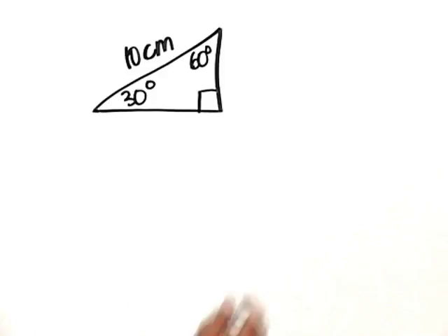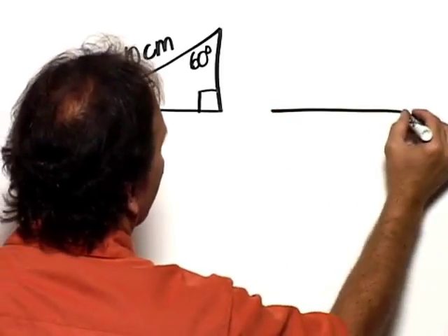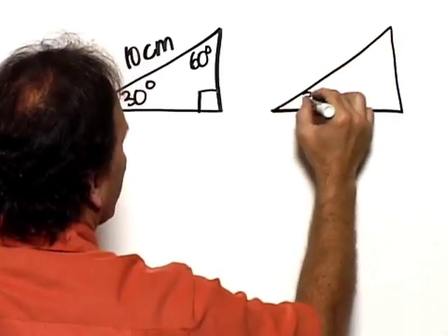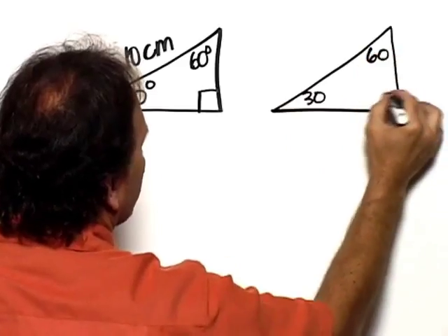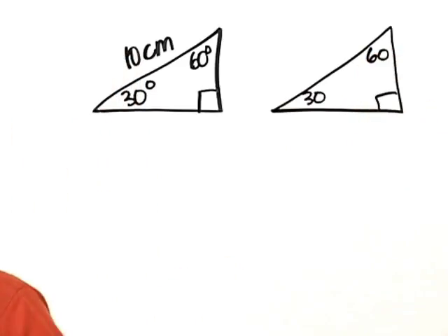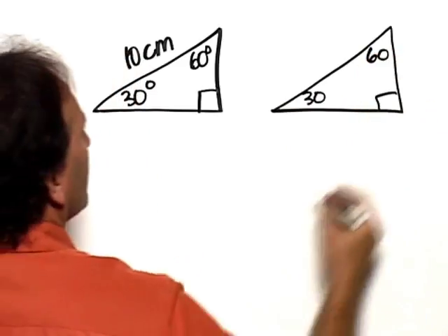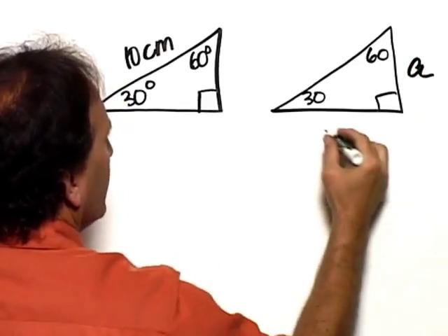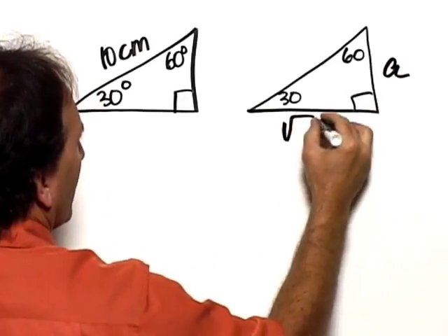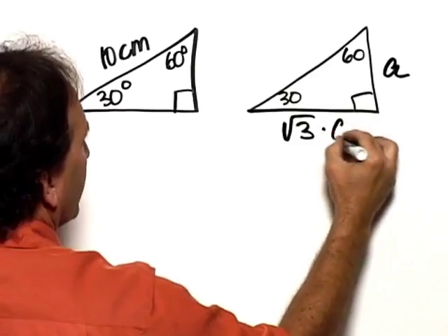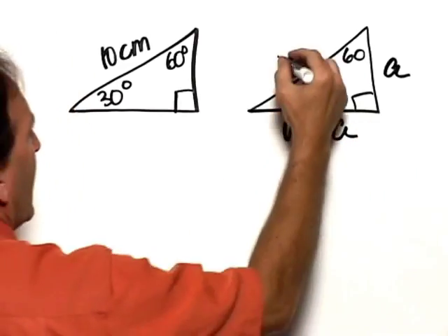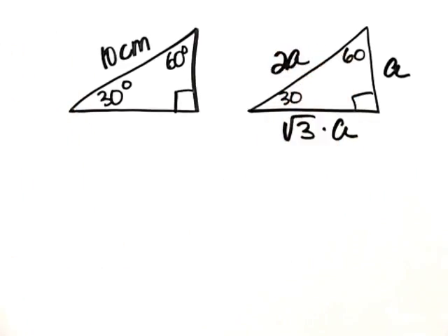And now what I want to remind us is if we have a generic 30, 60, 90 right triangle, the sides come in the ratio of A, the square root of 3 times A, and 2A.